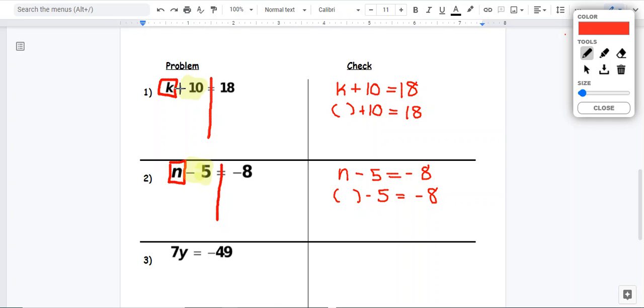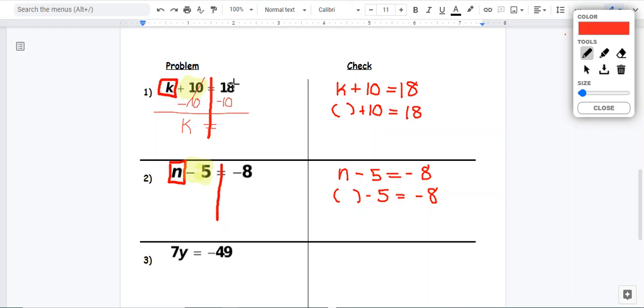Now, if you look, you can see that what is being done to k, that is keeping it from being alone on the left side, is that we have added 10. The opposite of adding 10 is minus 10. So make sure you did that to both sides. This cancels out, and now you just have the k left, which we bring down.